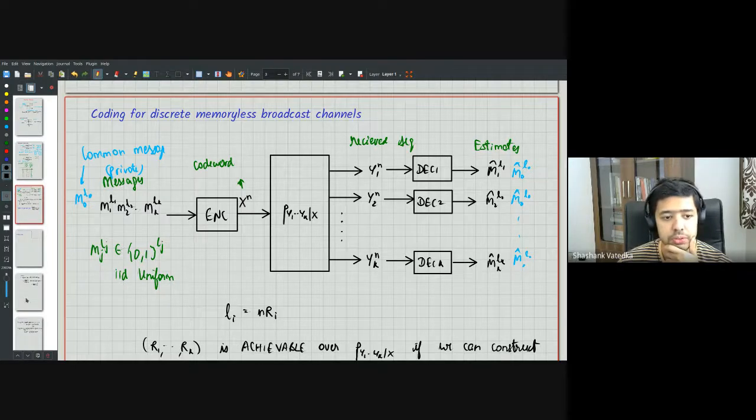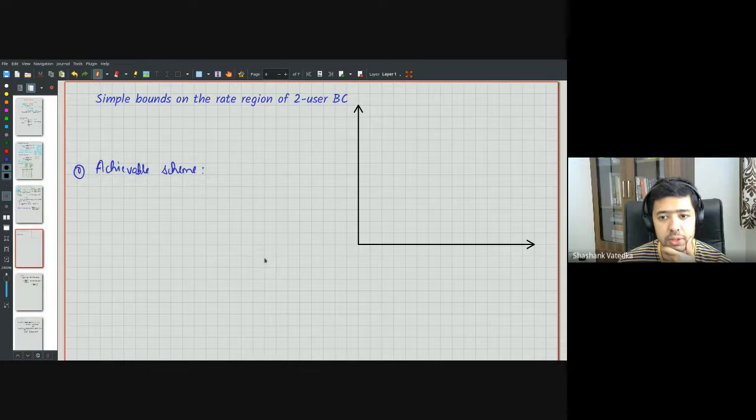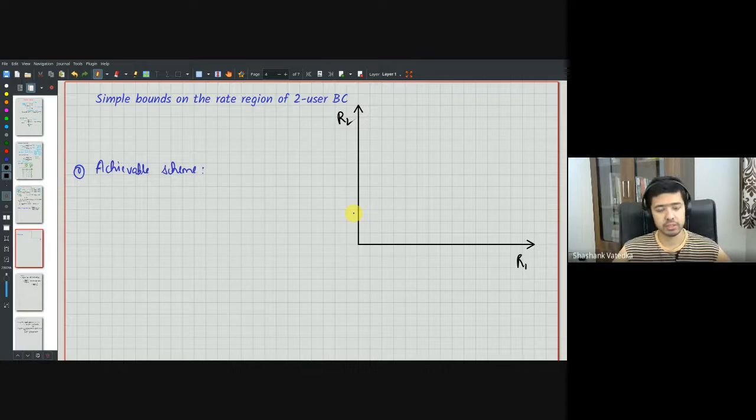Okay, so let's start by looking at some simple bounds on the achievable rate region for a two-user broadcast channel. We'll just look at two users, one transmitter and two receivers, and we'll try to see what can be achieved and what is certainly impossible to achieve. We have R1 and R2. So as before, what is the simplest technique that you can think of? I want some technique which you can implement.